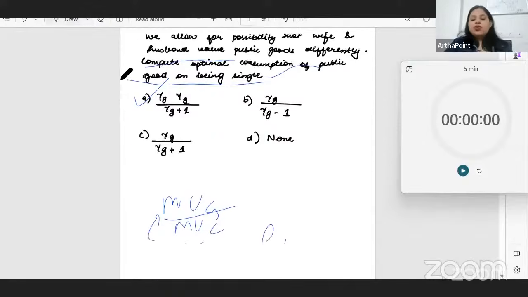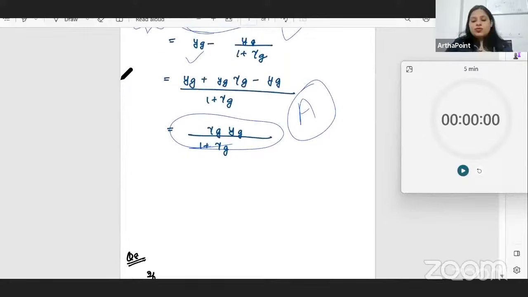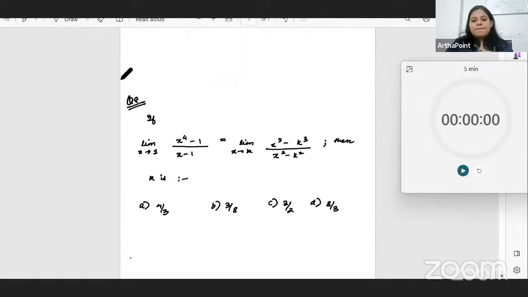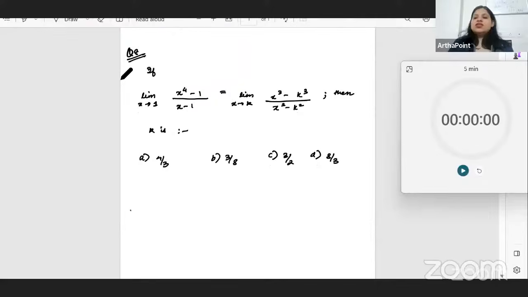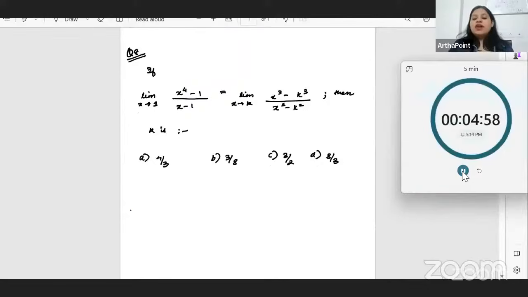Okay, let's move on to the next question. This is the next question for the day. Let me start the timer. You are given that limit x tends to 1 of (x to the power 4 minus 1) by (x minus 1) is equal to limit x tends to k of (x cube minus k cube) upon (x square minus k square).